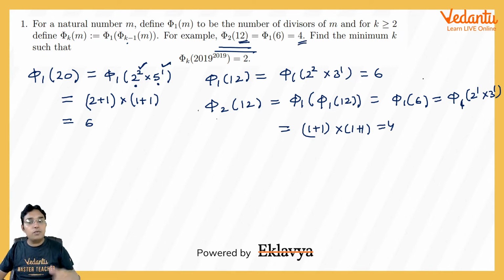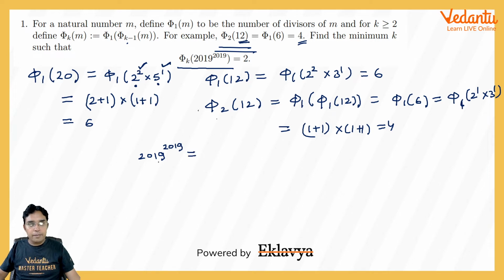Now the question is, what is the minimum value of k so that phi k of 2019 power 2019 will be equal to 2. To do this, we first need to find the number of divisors of 2019 raised to the power 2019.